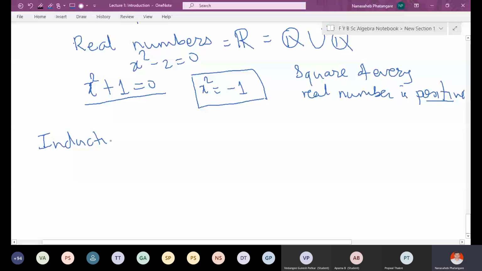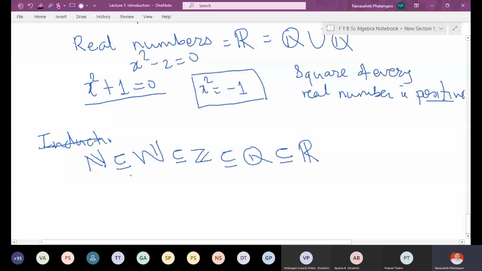Let me tell you that we first saw natural numbers, then whole numbers, then the bigger set of integers, then rationals, and from that real numbers, right? And these are proper subsets, not equal. The set of complex numbers is the largest set you can say, which includes imaginary numbers.